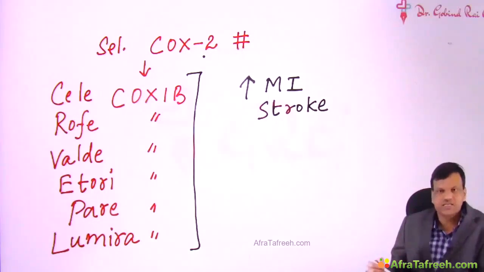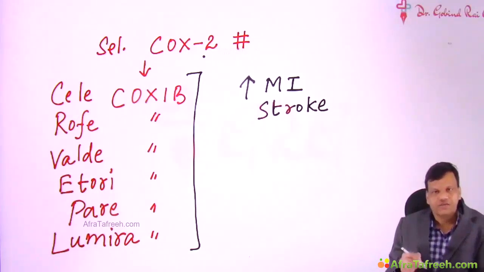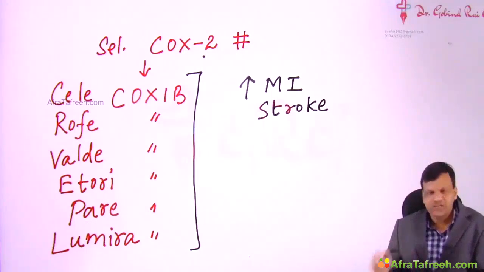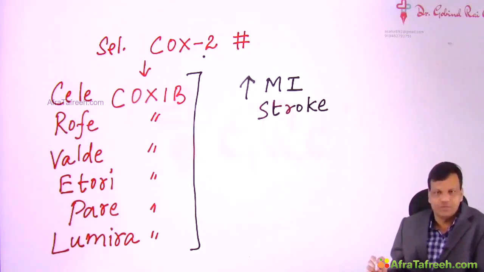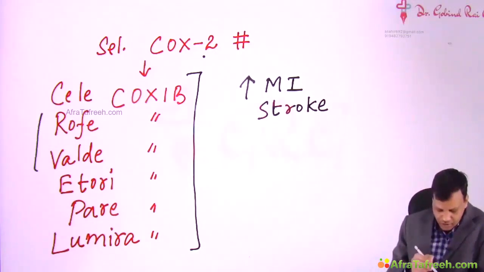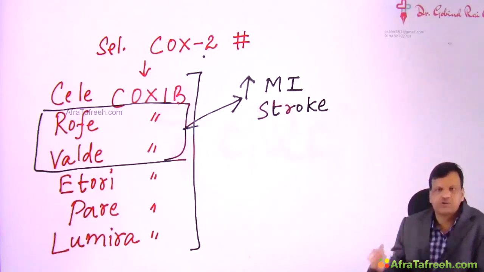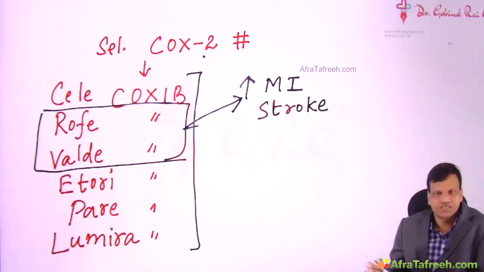Because of this risk, which is even more dangerous than GI toxicity, these are not first line drugs. Whenever we want an anti-inflammatory drug, we will prefer the non-selective drugs. But when they are not tolerated due to GI toxicity, we will shift to selective COX-2 inhibitors. In fact, rofecoxib and valdecoxib have been withdrawn from the market because of these side effects. But this is a group side effect, all of them can predispose.